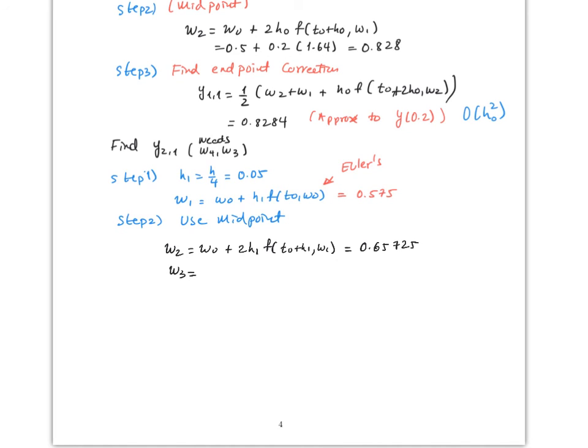Then you need W3, which is going to be W1 plus 2h1 f(t0 plus 2h1, W2). Again, once you simplify, this will give you 0.739725. And then finally, W4 is going to be W2 plus 2h1 f(t0 plus 3h1, W3). And this is 0.8289725.